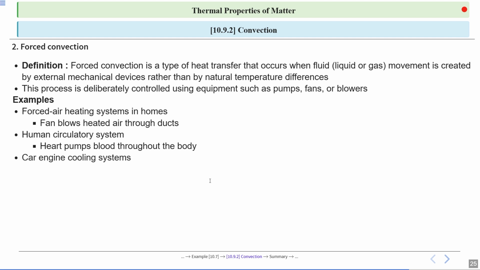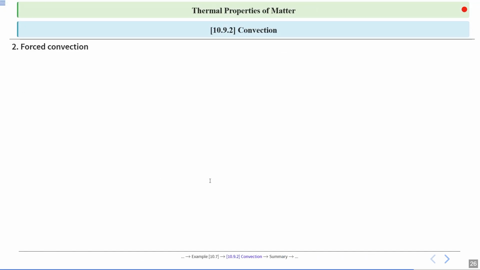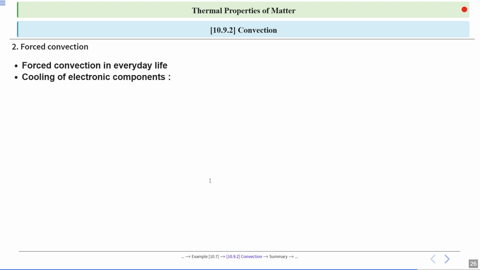Similarly, car engine cooling systems: a water pump circulates coolant through the engine. Now, forced convection in everyday life. Cooling of electronic components.